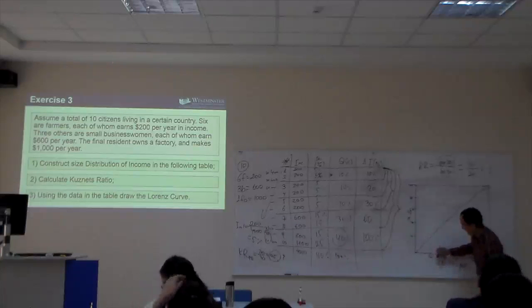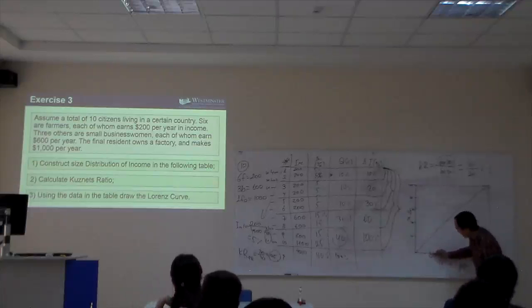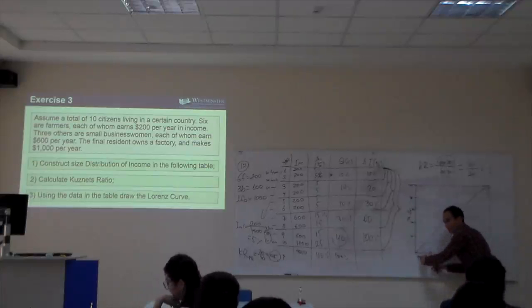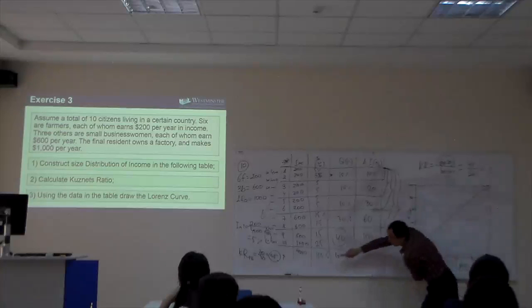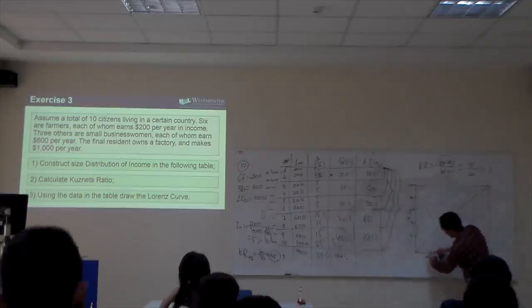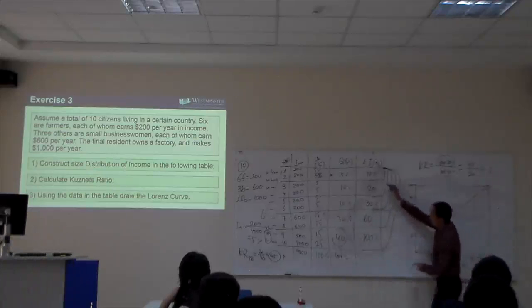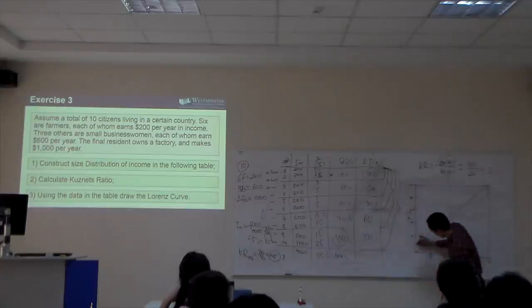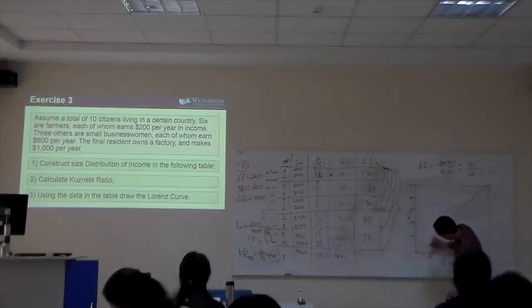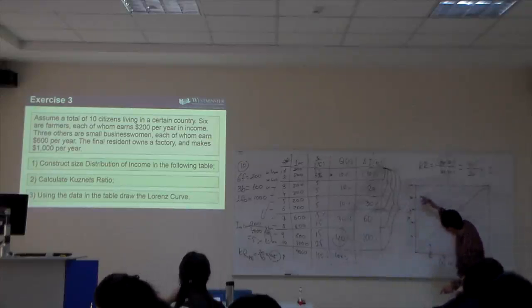What's the income share of the first 20% of people in total income? The total income is 100%. What's the income ratio? It is 10 of 20 people. Okay, 10, which means it's somewhere here. 20% are receiving only 10% of total income.